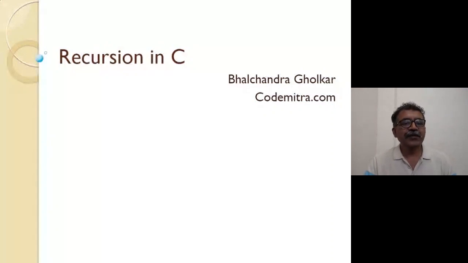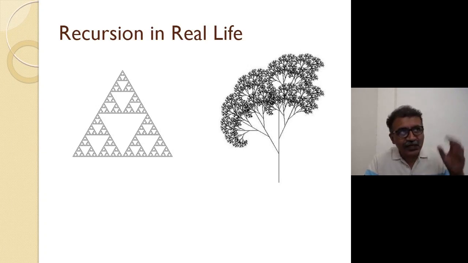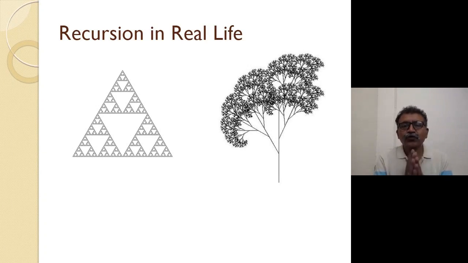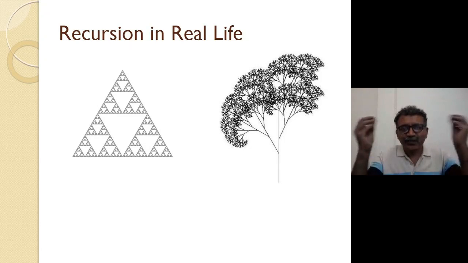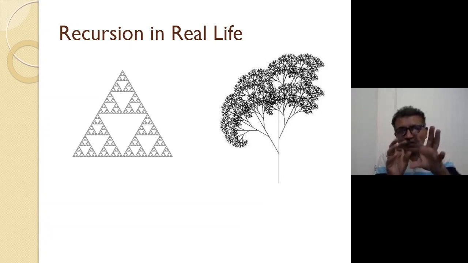So first of all, let's go through some theoretical aspects of recursion. So this is also recursion. I forgot about these images. If you look at the tree, there is a root, then branches, then sub branches. Each of that sub branch is a smaller version of that tree.